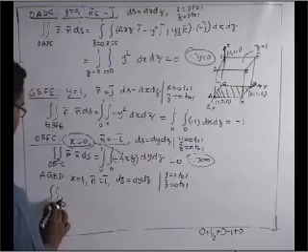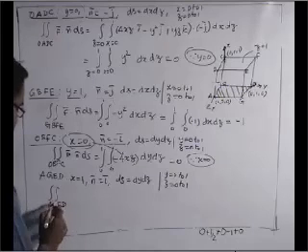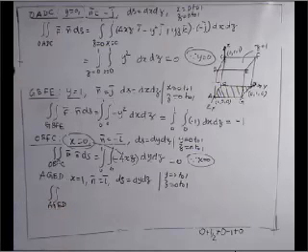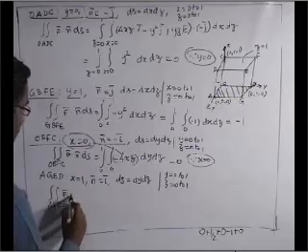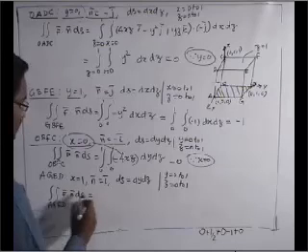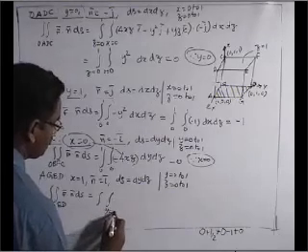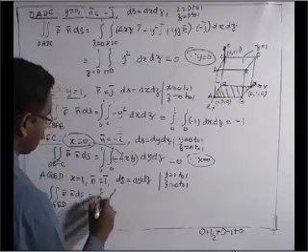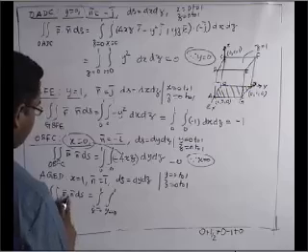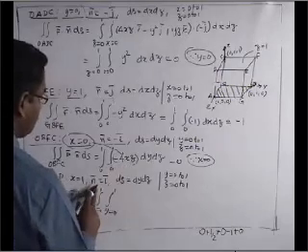Therefore, if you want to integrate over AGED, f dot n ds is nothing but double integral, y is equal to 0 to 1 and z is equal to 0 to 1. And f dot n இப்பதான் பாத்தீங்க, but there is a positive sign.